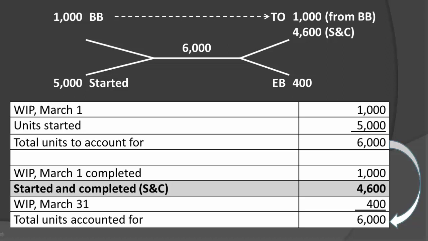That's the 400 units that are left in ending work in process at the end of this period and will become our beginning work in process for the following period.